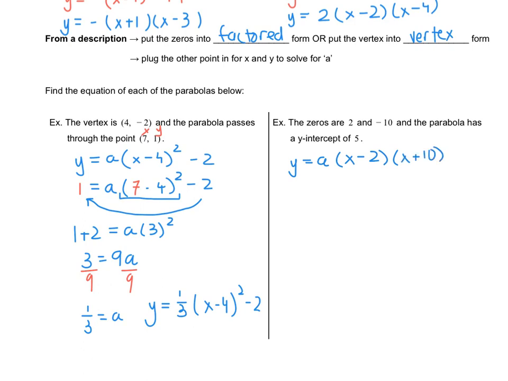Now, for a y-intercept, don't just plug in 5 for y. A y-intercept is a coordinate, and the coordinate is (0, 5), because every y-intercept has an x-coordinate of 0. Now I can clearly see y is 5, and in both of the x's, I'm going to put 0 in.